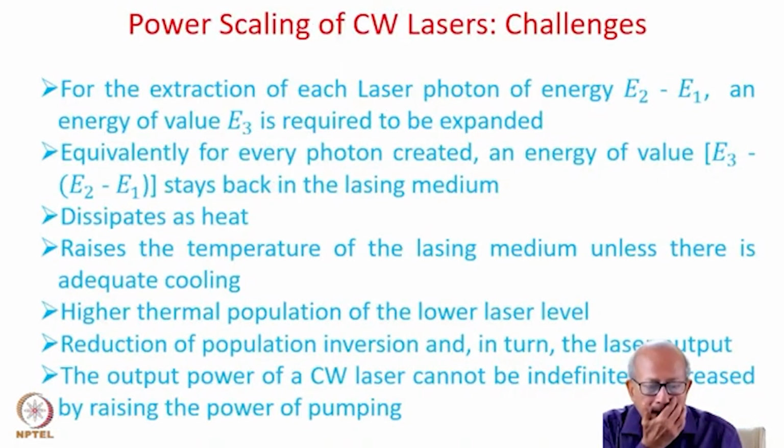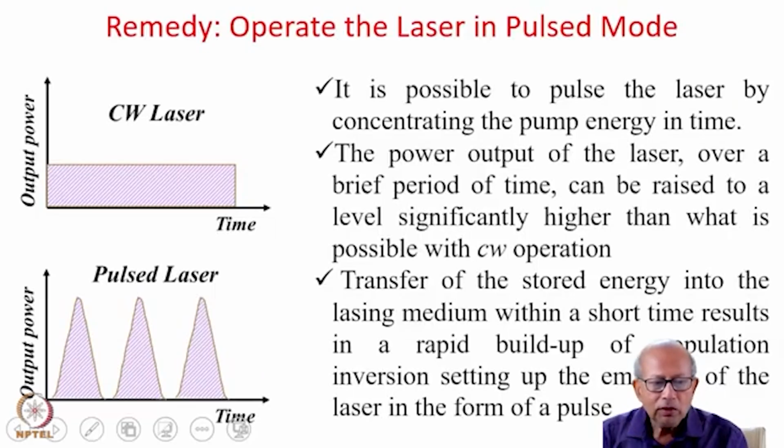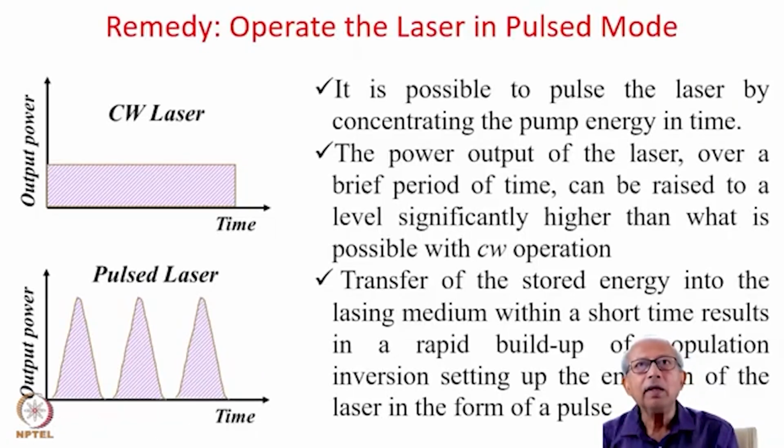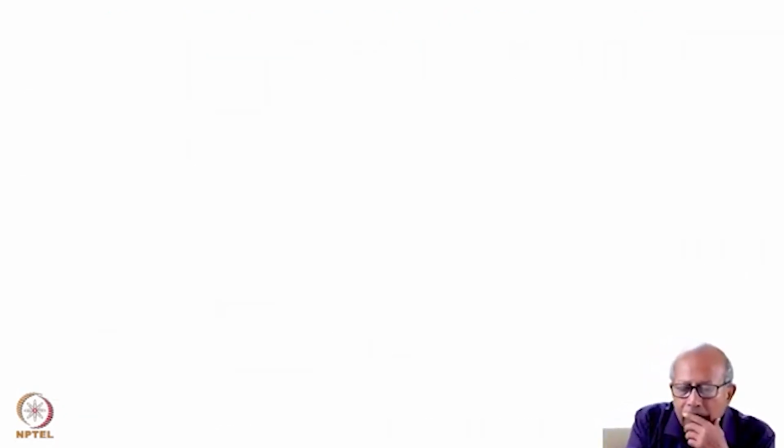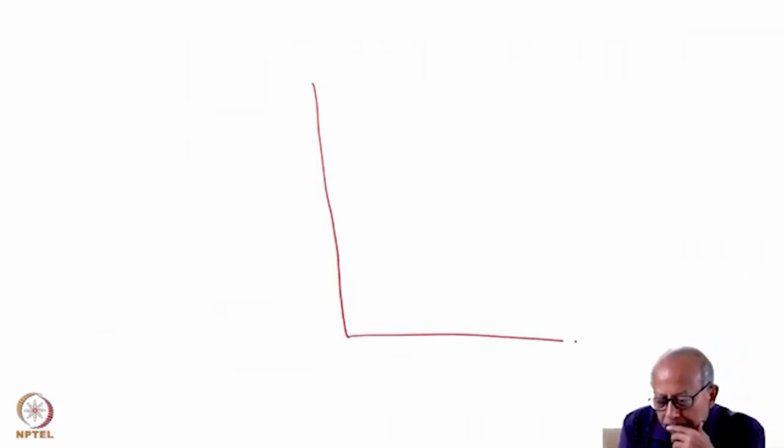So then, what will be the remedy if you have to still increase the output power of the laser? Well, the remedy would be to operate the laser in pulsed mode. To appreciate this point, and how by pulsing the laser you can increase the output power, I will just take an example.